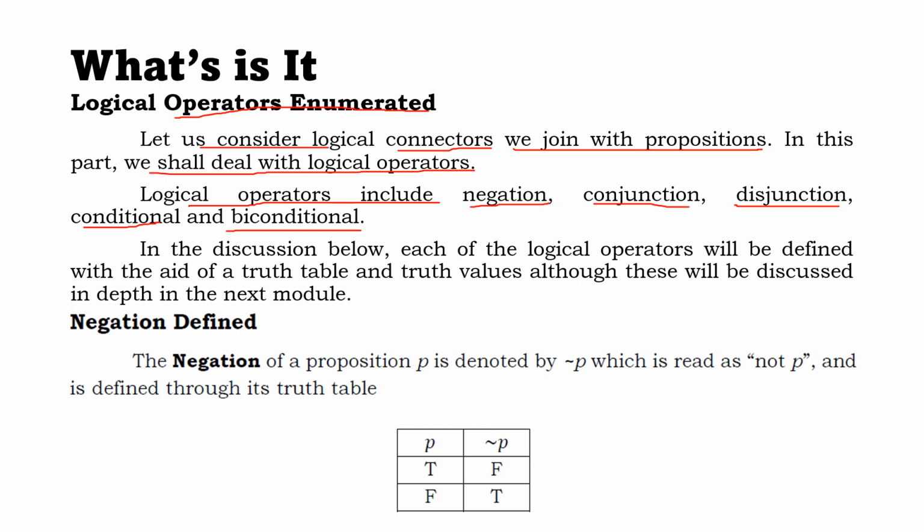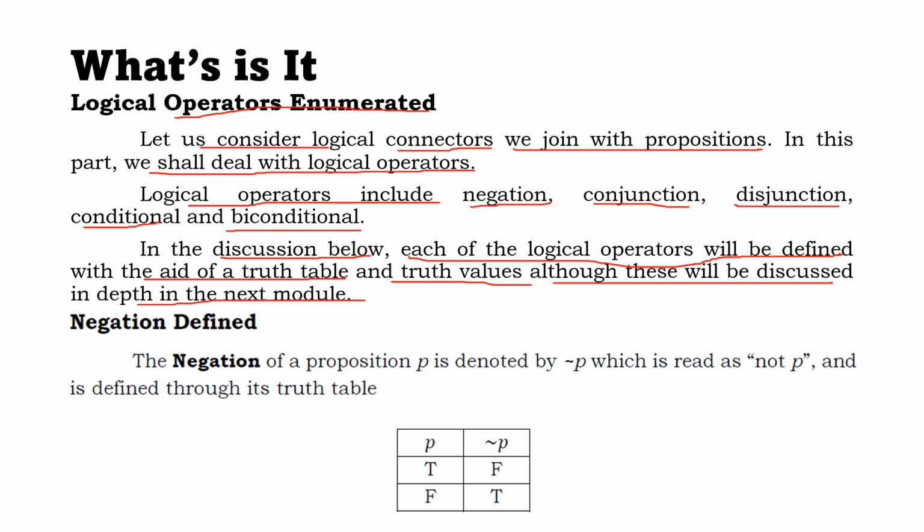Now, in the discussion below, as you can see from negation up to biconditional, each of the logical operators will be defined with the aid of a truth table and truth values, although this will be discussed in depth in the next module.